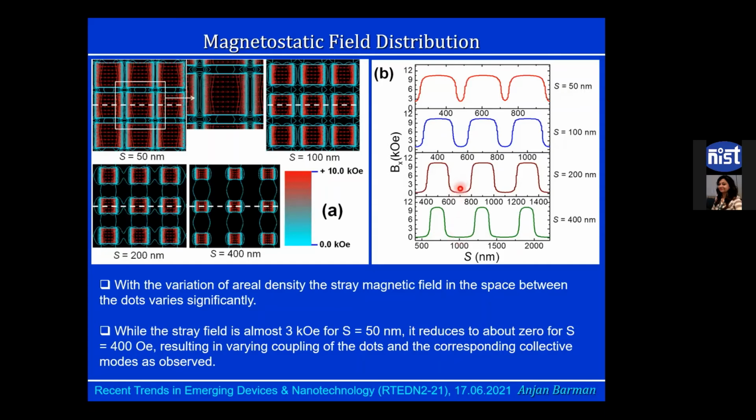But here still some field is there, so that causes the coupling. Okay. So the coupling here is extremely strong. The coupling is so strong that it is giving rise to an almost uniform mode here, which is not similar to the mode of individual dots.